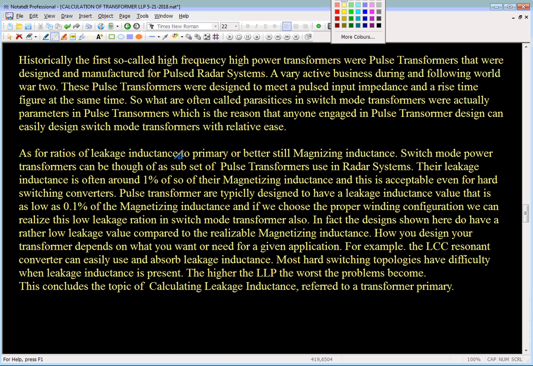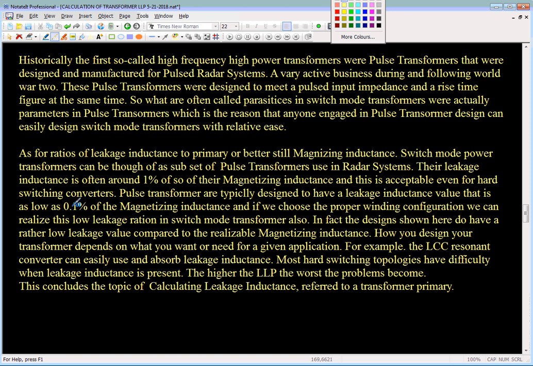As for ratios of leakage inductance to primary, or better still, magnetizing inductance, which it really is, switch mode power transformers can be thought of as a subset of the pulse transformers I just said. The leakage inductance is around 1% or so of the magnetizing inductance. This is acceptable even for hard switching converters, but we can do better, of course. Pulse transformers are typically designed to have a leakage inductance value that's as low as 0.1% of the magnetizing inductance.